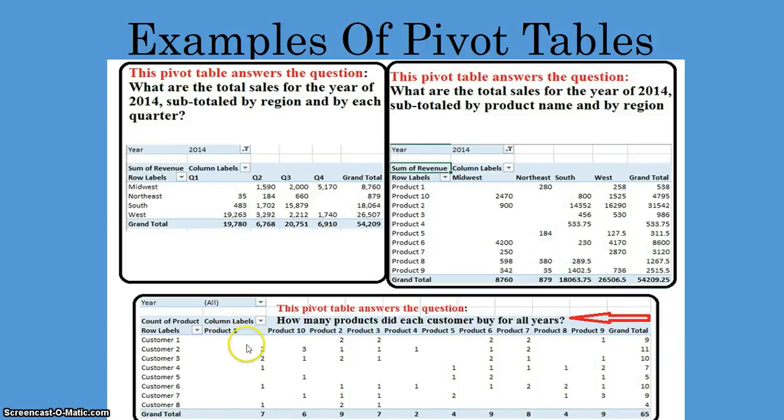So basically we want to know what products were sold for which customer, and it's going to subtotal it by the number of products that they sold for that particular customer. In other words, I want to know who customer 1 is and how many products of product 2 did they buy for this particular time frame, which is every single year.